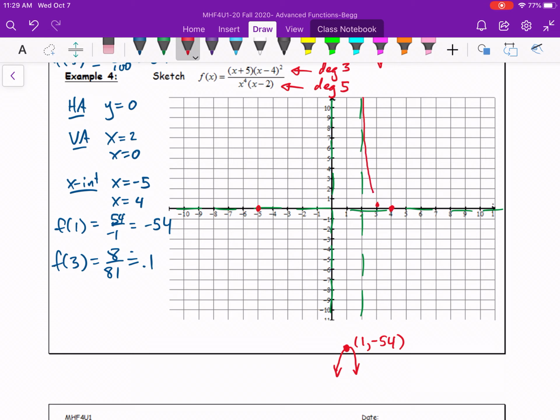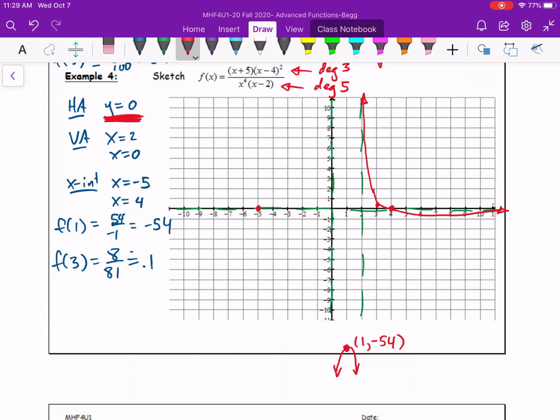I know this because otherwise there'd be another x-intercept somewhere around here, right? But there isn't. So it must be coming downwards from the top, hits this, crosses here, and again we know that the end behavior is the x-axis. So it's got to cross, and then it's going to start going back towards the x-axis again because of that horizontal asymptote. So we know this. You know, we can use logic like a detective to put these things together.